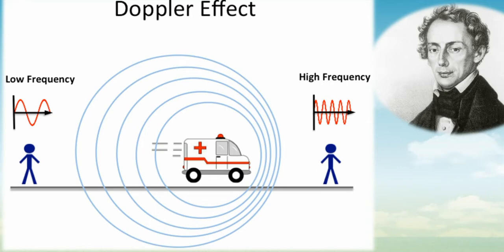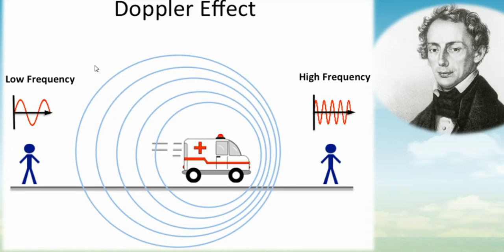We already know about the wavefront. A wavefront is a location of points which are in the same phase. That means all the disturbances are in the same phase, then their locations together can be called a wavefront.